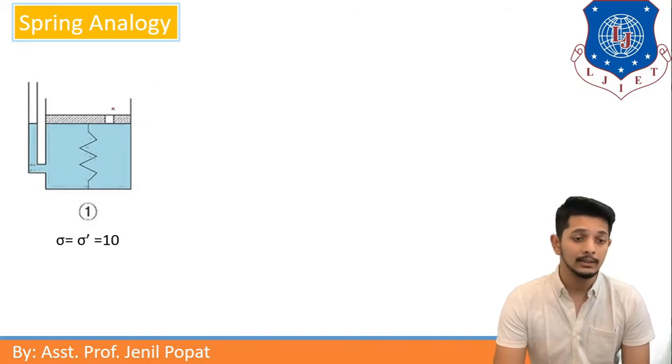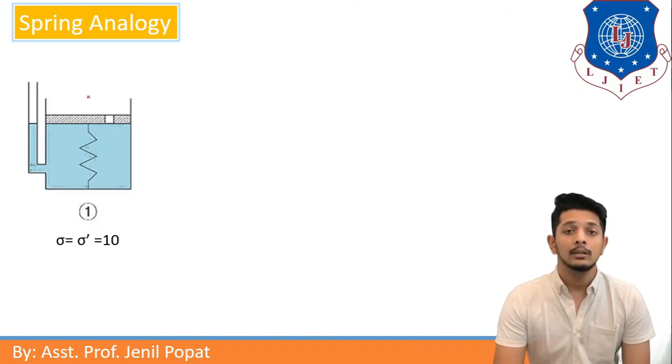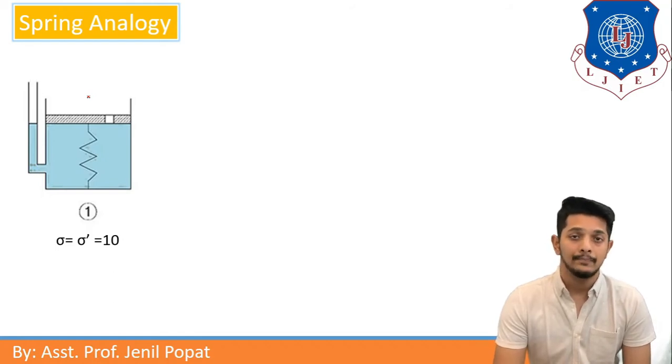In the first case, the piston and spring are kept here, the valve is opened and water is filled in this cylinder. Then external load is applied to the piston so that the spring and water are under pressure.